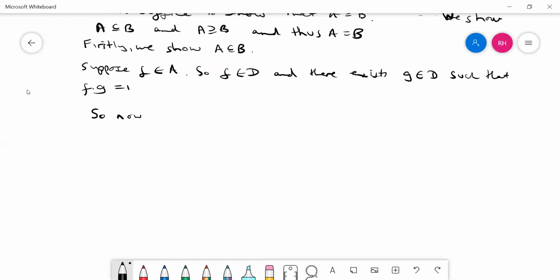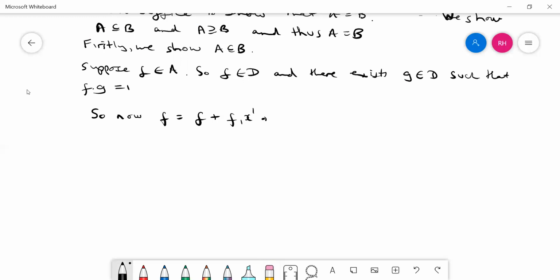Now we can just recognize that F is actually equal to F0 plus F1 X1 plus dot dot dot plus Fm Xm, where all the Fi's are equal to 0. So this is a constant polynomial, but it is actually a polynomial.